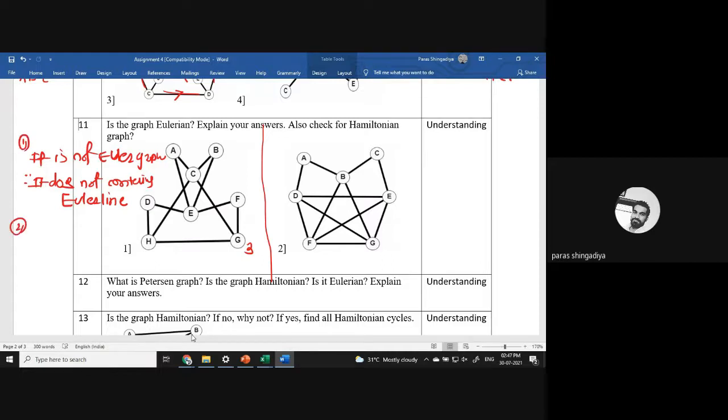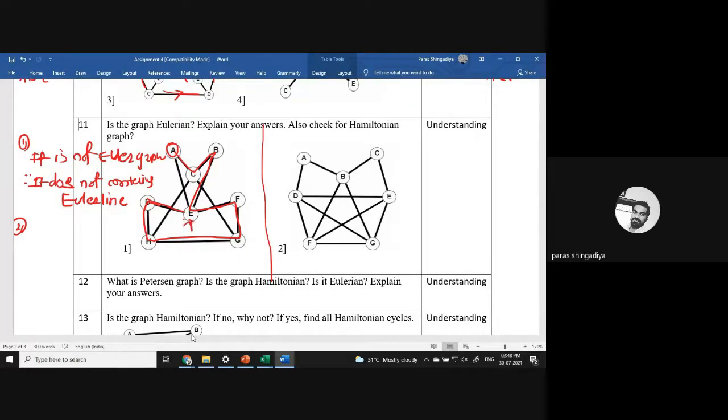Now for Hamiltonian graph. So is this graph Hamiltonian? First one, is it a Hamiltonian graph? No. Nice. Okay, very good. So it is also not a Hamiltonian graph. Hamiltonian की कंडीशन क्या है कि आपको कोई वर्टेक्स से स्टार्ट करना है और सभी वर्टेक्स को आपको एक बार विजिट करके फिर से स्टार्टिंग प्लेस पे पहुंचना है. ठीक है, so let's start with the vertex A. A to C, then B, E, F, G, H, D, and then from D you can reach the E place again.